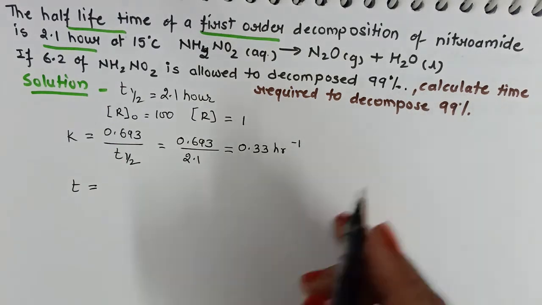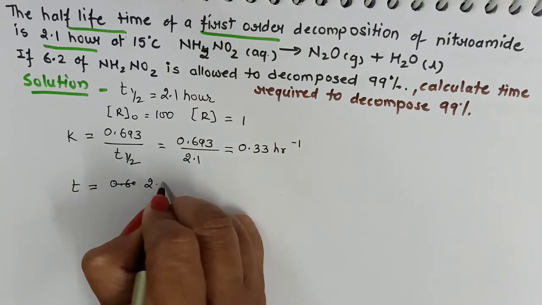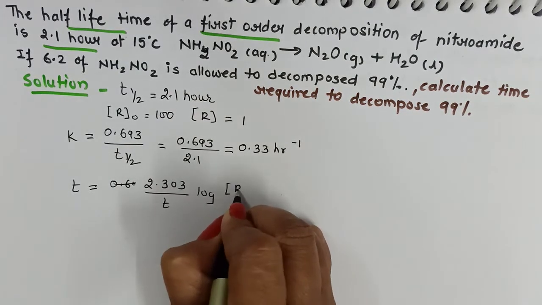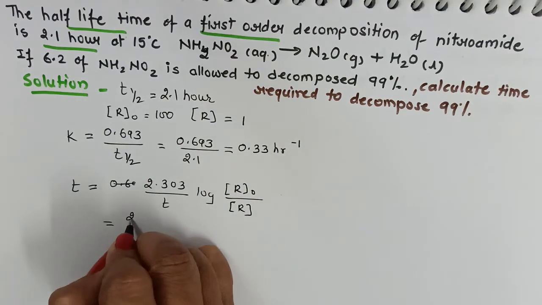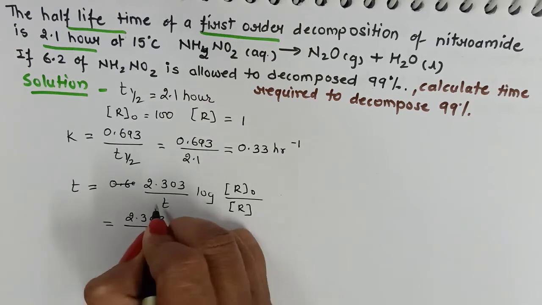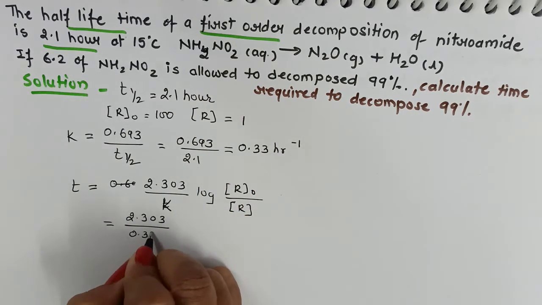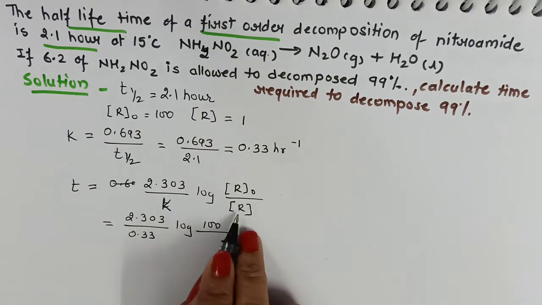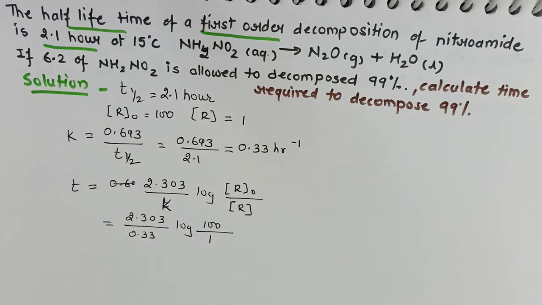We are supposed to calculate the time required. Therefore time equals 2.303 upon K log R0 upon R. So this is 2.303. This is K here, 0.33, log initial concentration is 100 upon the final concentration, as 99% is completed, it is 1.